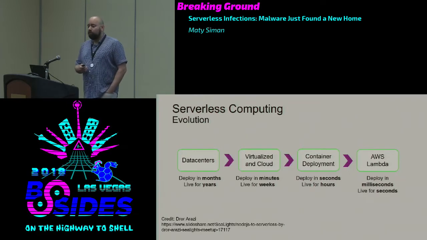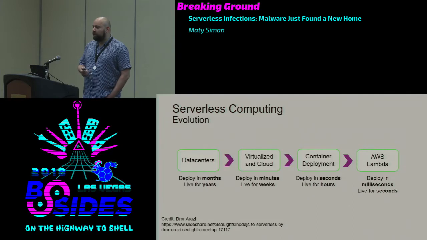A nicer way to show it, or a different direction, is talking about the time and timelines. So while we had data centers, it took months to deploy new servers, and the application lived years on them. It slowly minimized during the virtualized and cloud revolution, and then the container deployment.